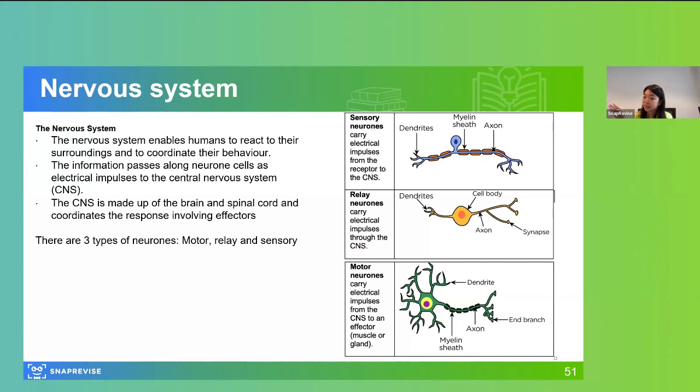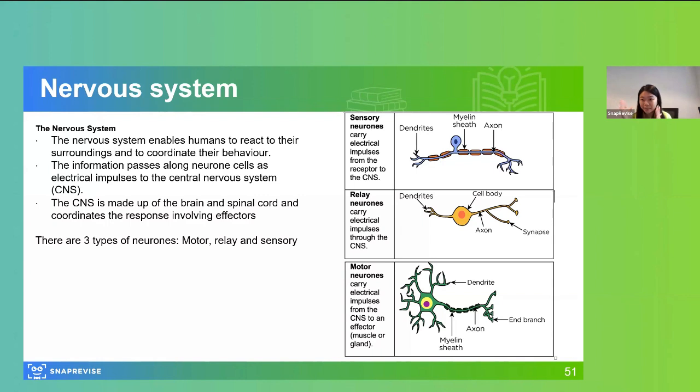After going through the relay neuron, the impulse continues down the motor neuron from the CNS, linked to the effector. The effector then produces a response. I'm going to show you an exam question later. But the steps are essentially receptor, sensory neuron, relay neuron, which is through the CNS, motor neuron, effector, response.